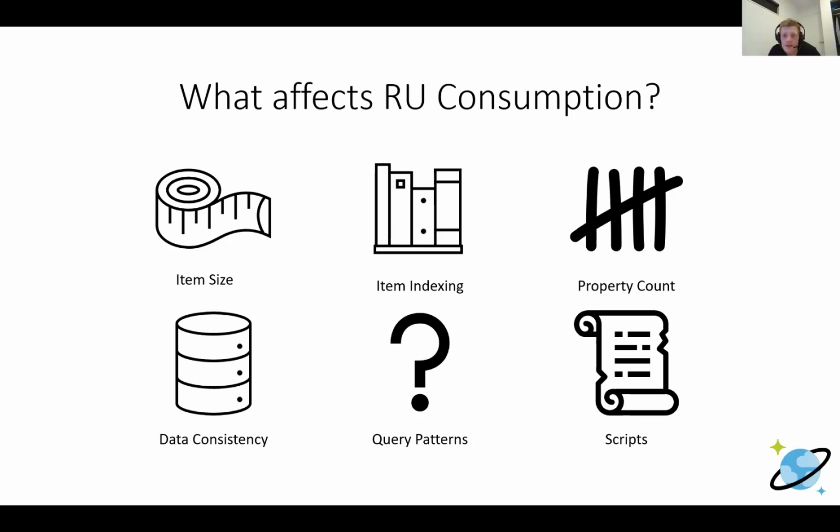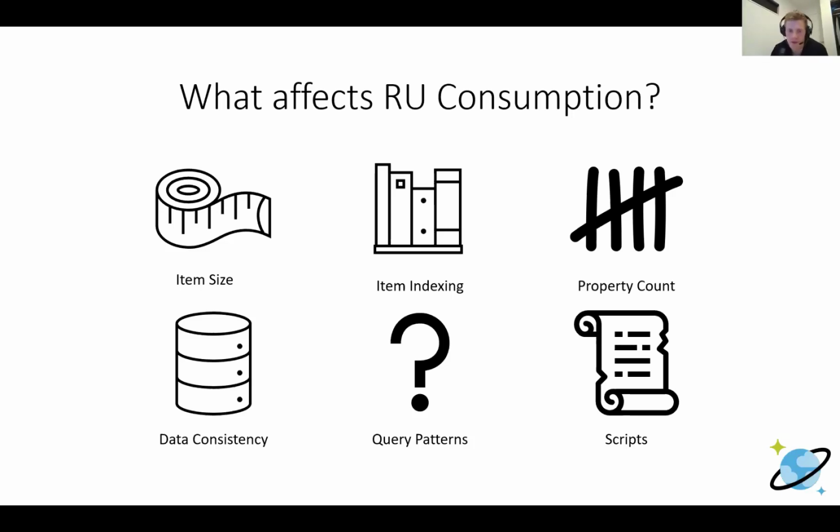The number of properties that appear in our items also matters: the more properties in our items, the more the cost of performing operations on the items will increase. The consistency level that we set in our Cosmos DB account also has a big effect. If you have strong or bounded staleness, which are the two strongest, strong is obviously the strongest, and then the weakest after that is bounded staleness, where you can configure how strong you want your consistency to be, you can consume twice as many request units when performing reads compared to other relaxed consistency levels.